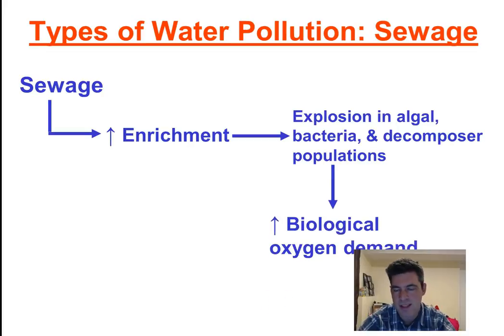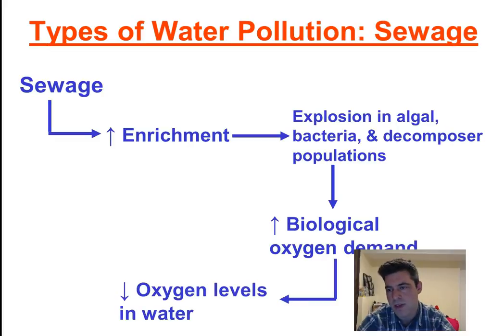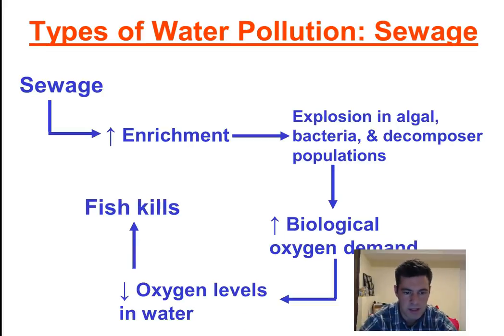When that happens, it increases biochemical oxygen demand, or biological oxygen demand. And when that happens, you get a dropout in oxygen levels, and that can potentially lead to fishes dying off. We all know about this. This is called eutrophication. So I'm going to show you an even better way of looking at this, and hopefully it'll make sense to you.